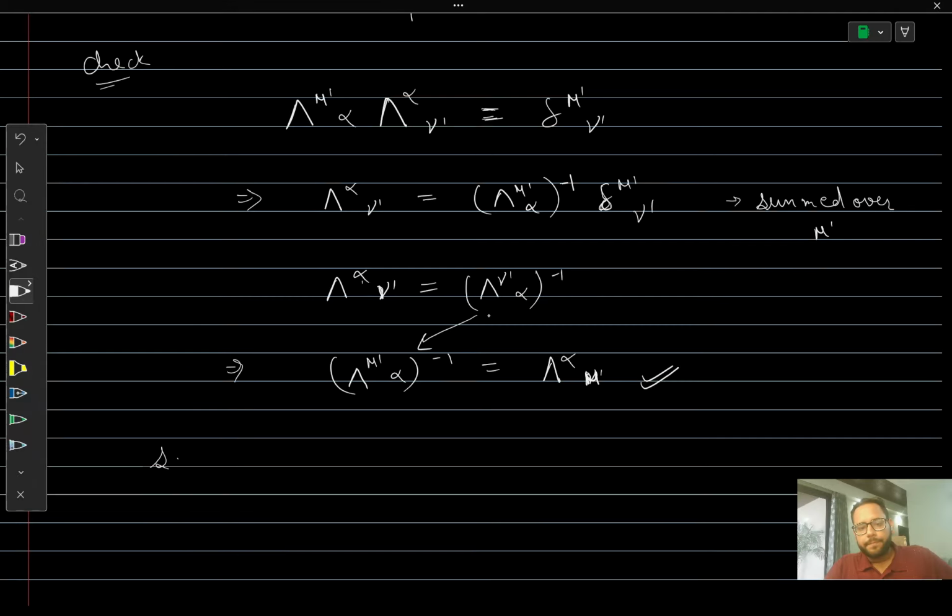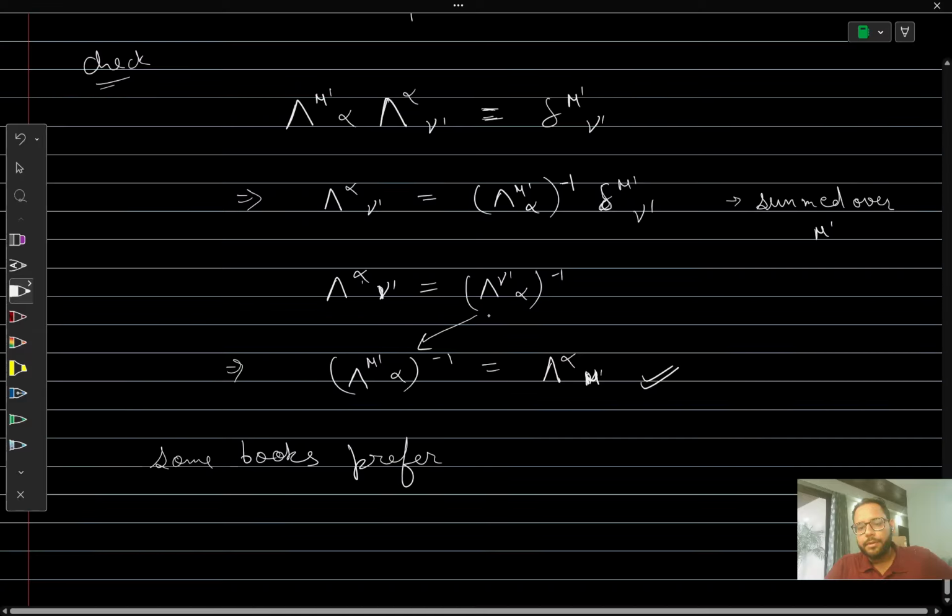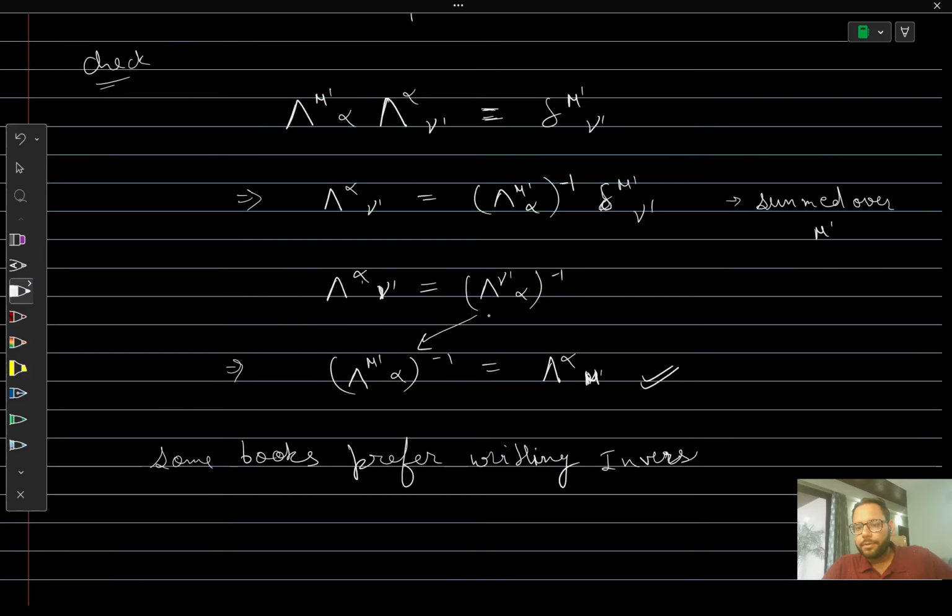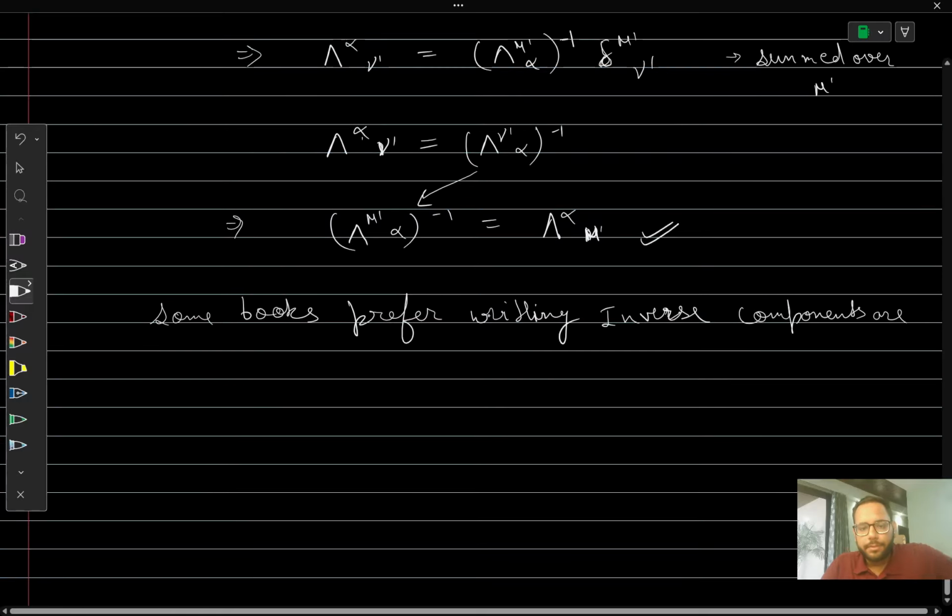Some books prefer writing the swapped one, the inverse components, like this.